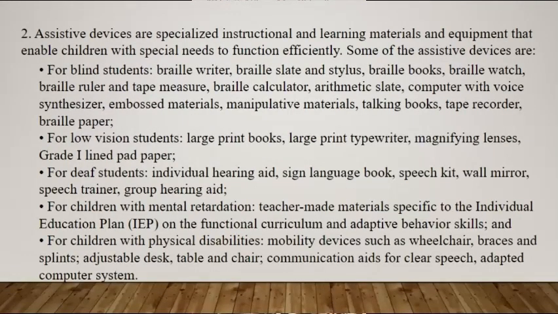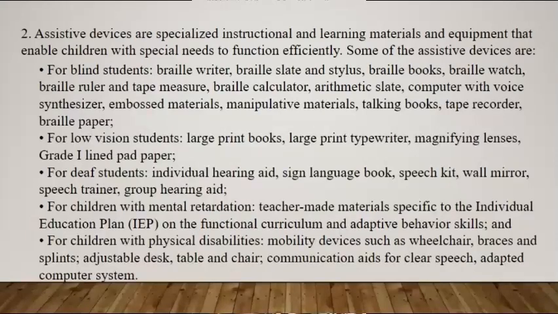Number 2. Assistive devices are specialized instructional and learning materials and equipment that enable children with special needs to function. Some of the assistive devices for blind students are Braille writer, Braille slate and stylus, Braille books, Braille watch, Braille ruler and tape measure, Braille calculator, arithmetic slate, computer with voice synthesizer, embossed materials, manipulative materials, talking books, tape recorder, Braille paper.